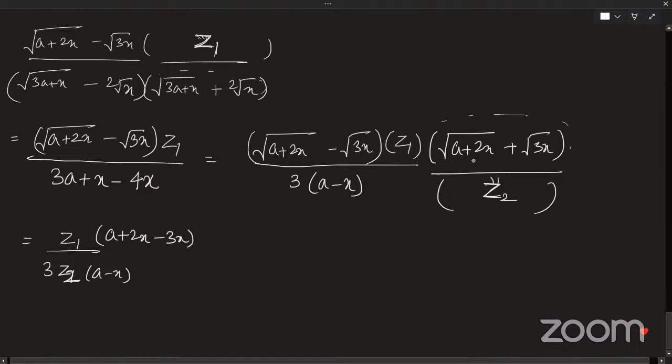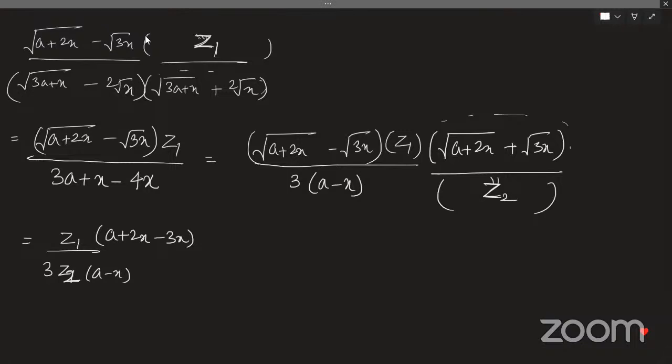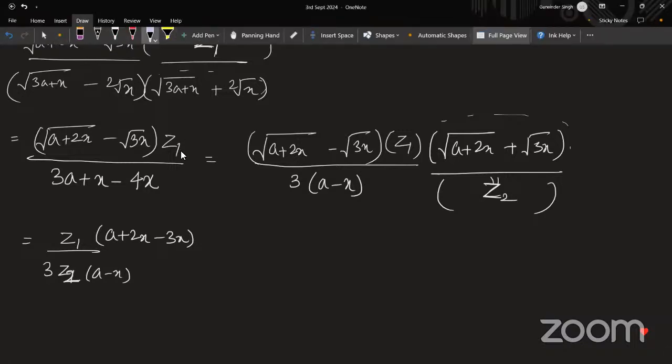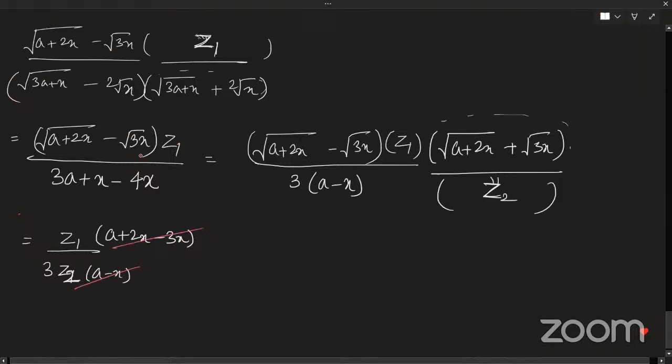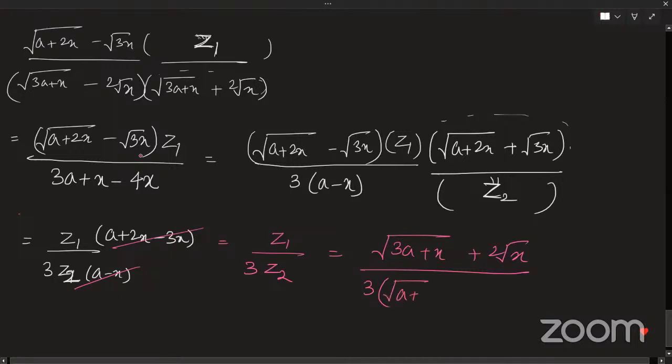Correct. So is there something cancelling out? A minus x, a minus x. Correct. So I have got Z1 by 3 times Z2. Now I'll just write these values again. My Z1 was square root of 3a plus x plus 2 square root of x, divided by 3 times this thing, which is square root of a plus 2x plus square root of 3x.